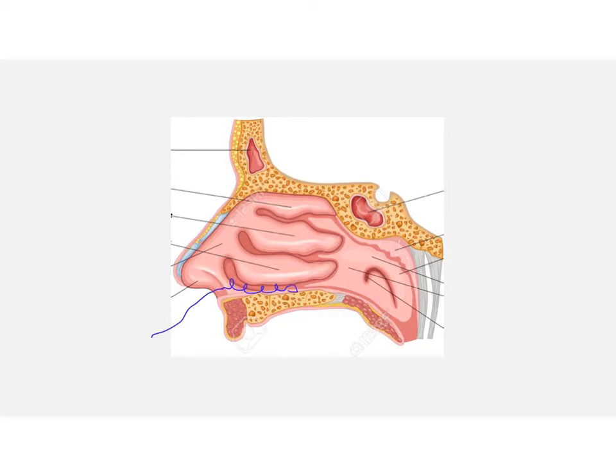Remember, turbulence, it's going to kind of go all over the place. It's going to go through the turbinates, because if it were just laminar flow, not as much gas would be in contact with the mucosa. Turbulent flow allows for more gas to be in contact with the mucosa, picking up water and warming up the air.